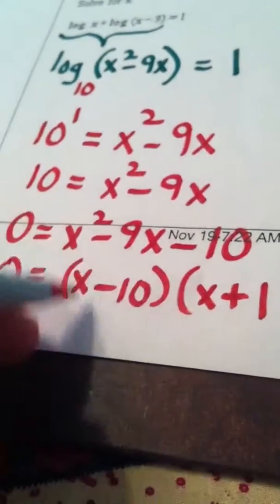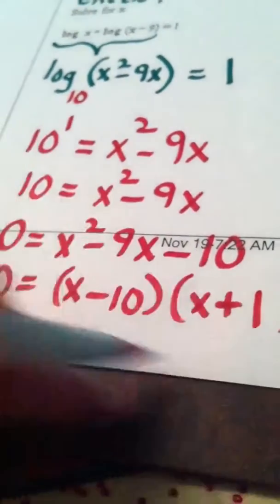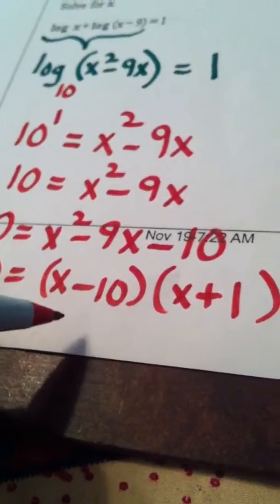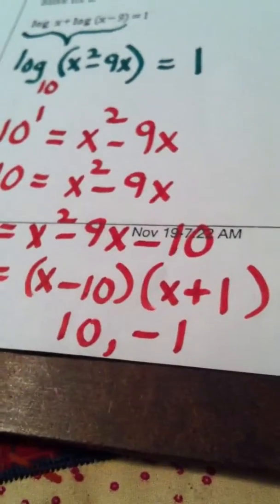This is an x minus 10 and an x plus 1. You can always do the chin and the grin method to make sure you get the right middle term. Negative 10x is the chin, 1x is the grin, put them together and you get negative 9x. So we have two potential answers here, namely 10 or negative 1.